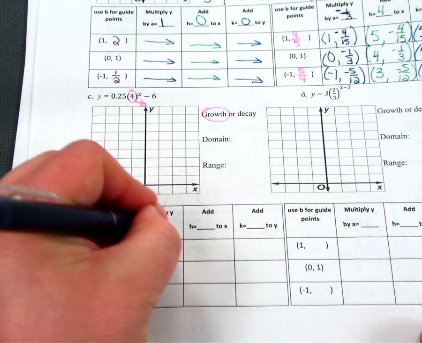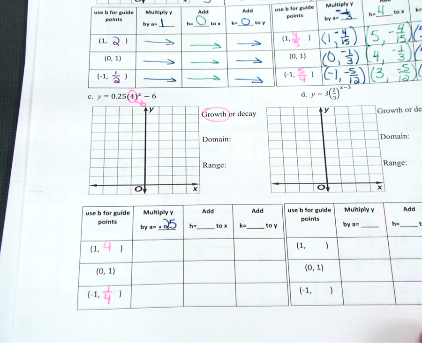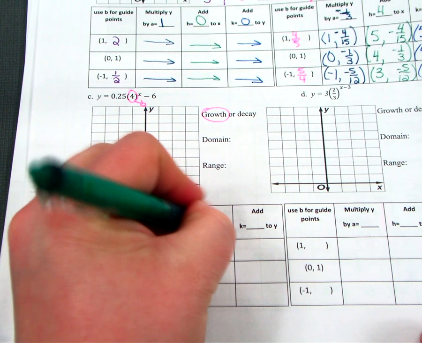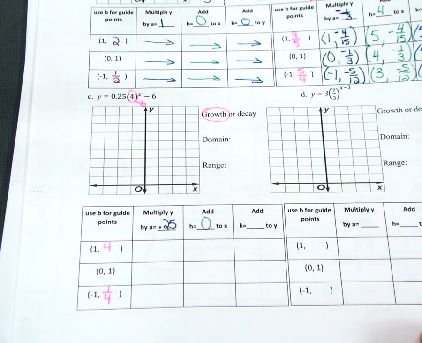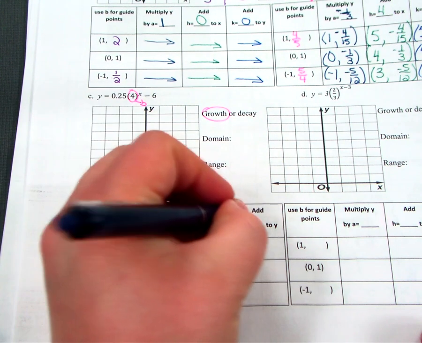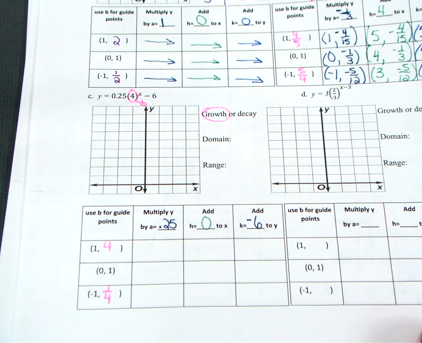A is 0.25 in front. Now H, there actually isn't an H value because there's no number with the exponent up there, so H is just 0. And then K is the number that's all by itself, so that's -6.